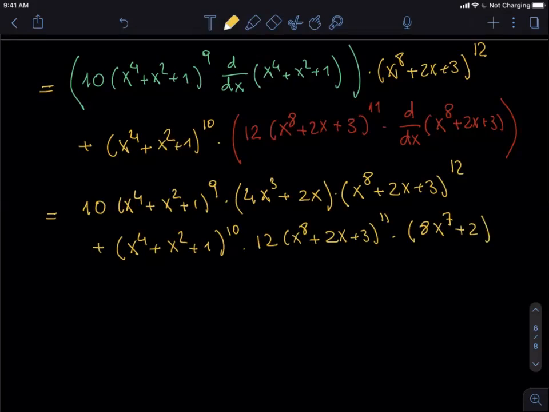And this is it. Here we may decide we can clean up a little bit.